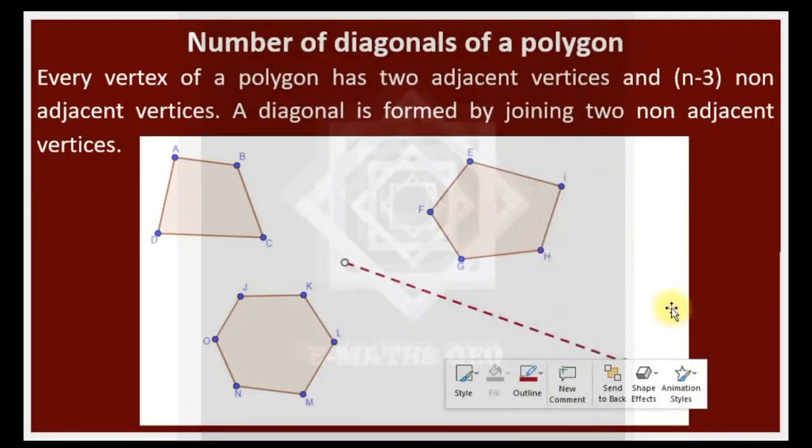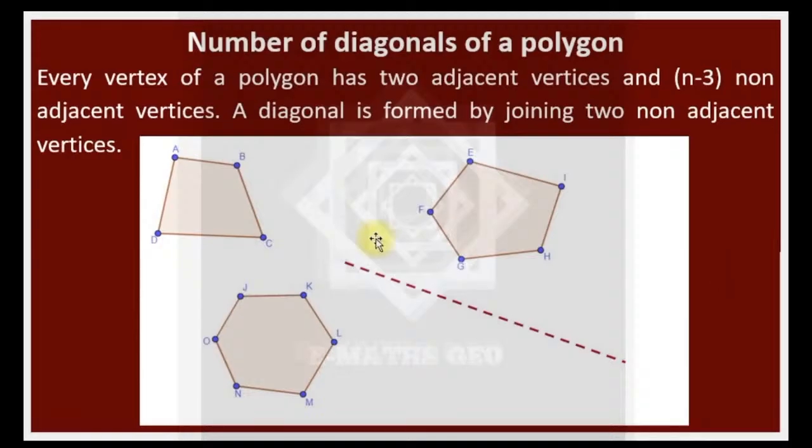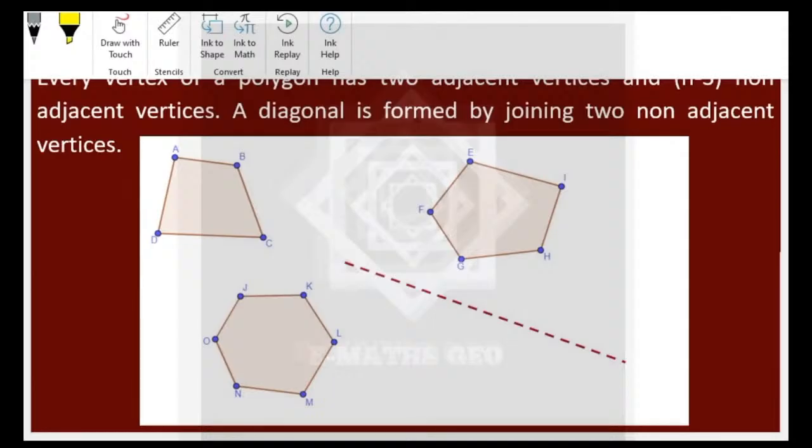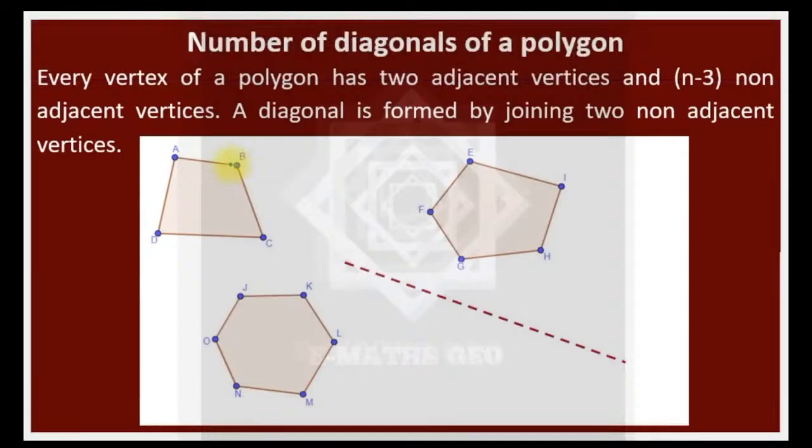Okay. So a non-adjacent vertex is the... okay, let me use vertex B. So see the vertices in this. This is a four-sided polygon. This is a quadrilateral. 1, 2, 3, 4.